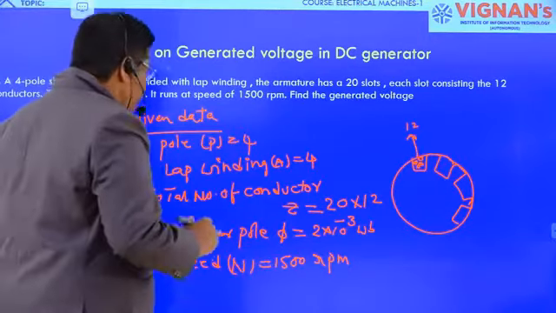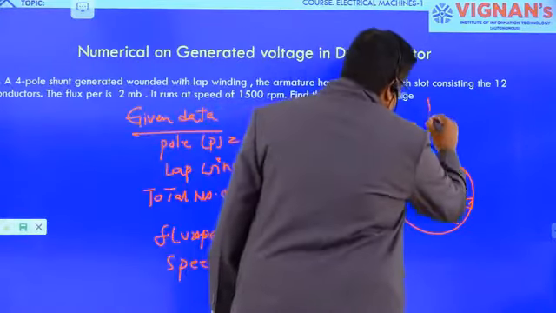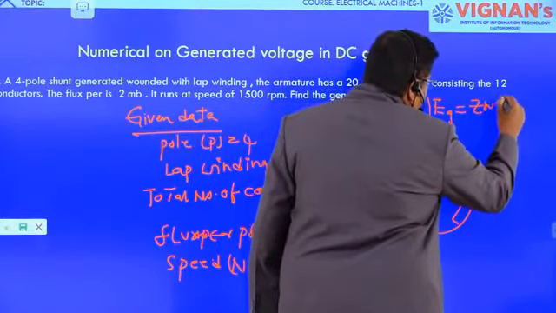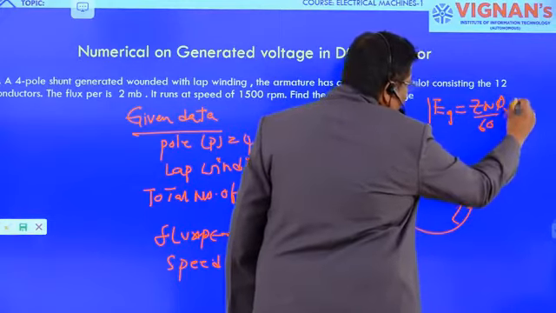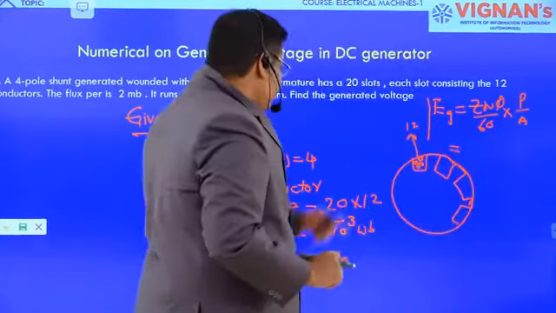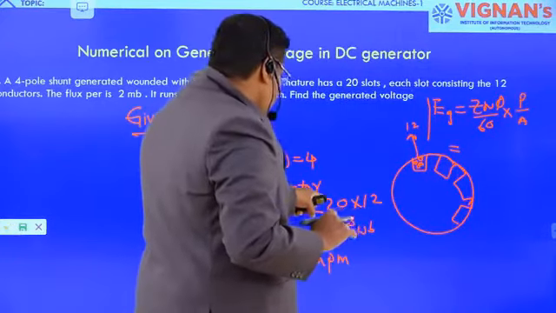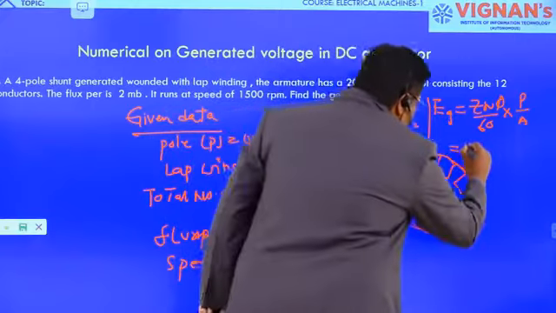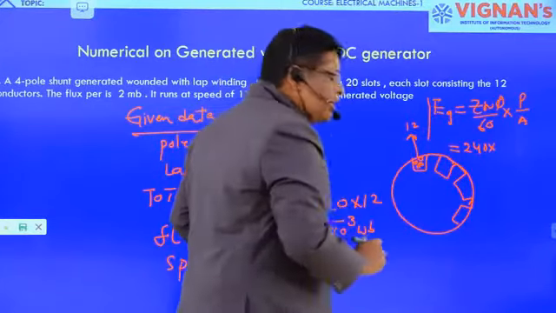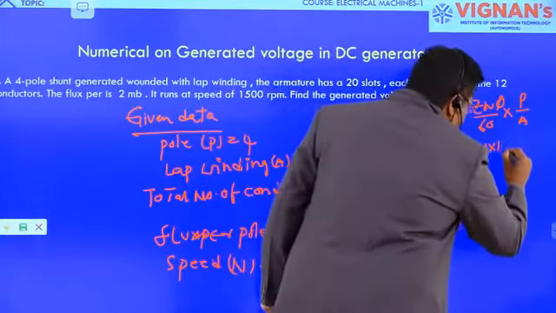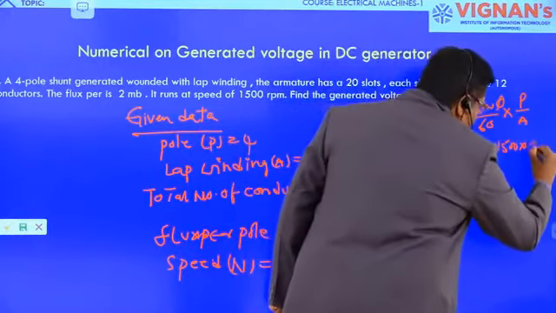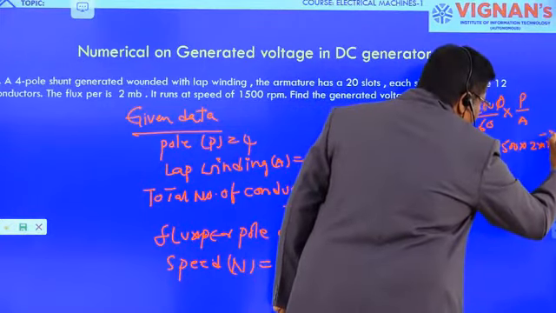Now we know the formula for the generated voltage in a generator: E is equal to ZNΦ/60 into P/A. All values are there. You substitute and simplify. Z equal to how much? You are getting 240 conductors. Speed is 1500, into flux per pole 2 into 10 power of minus 3.